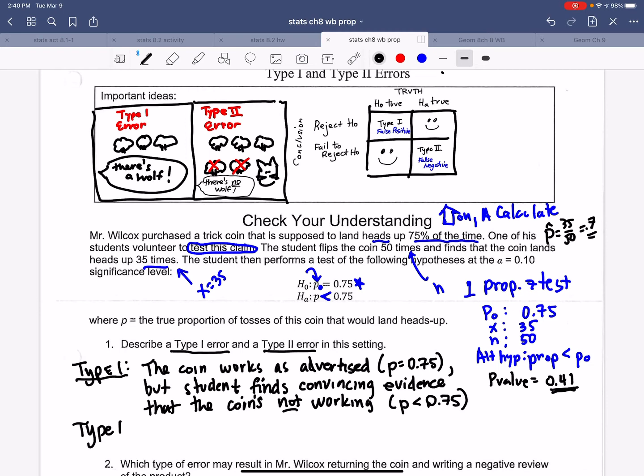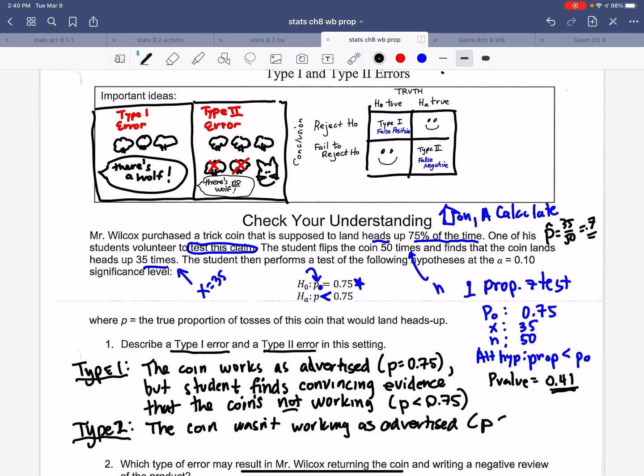So what would be the circumstances relating to the possibilities of creating a type 2 error? Well, a type 2 error would essentially say that it was a faulty coin, but you didn't detect it. The coin wasn't working as advertised.